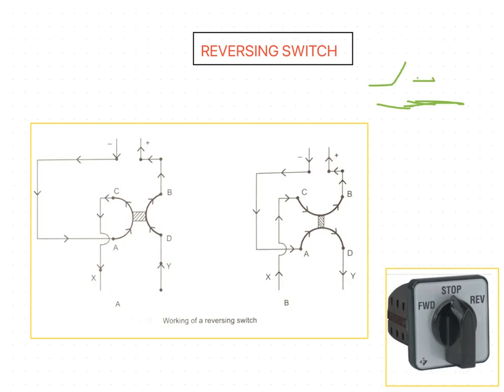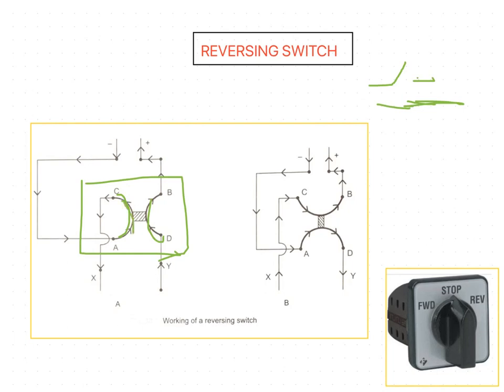Now we will see how the switch is designed. This part is the switch. This reversing switch has 2 semicircular metal strips, joined together with the convex surfaces towards each other.